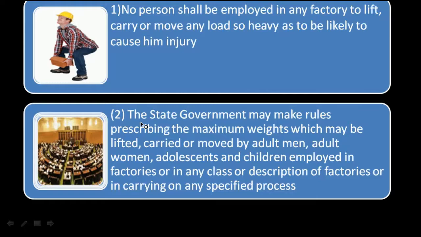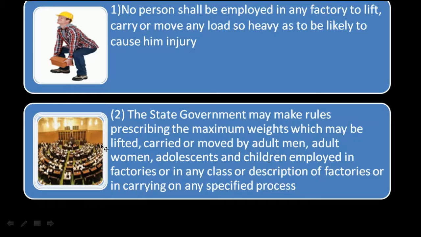Subsection 2. The state government may make rules prescribing the maximum weight which may be lifted, carried or moved by adult men, adult women, adolescent and children employed in factories or in class or description of factories or in carrying on any specified process. Now state government has to make rules regarding the maximum weight that could be carried by an adult man, adult woman, adolescent and children.